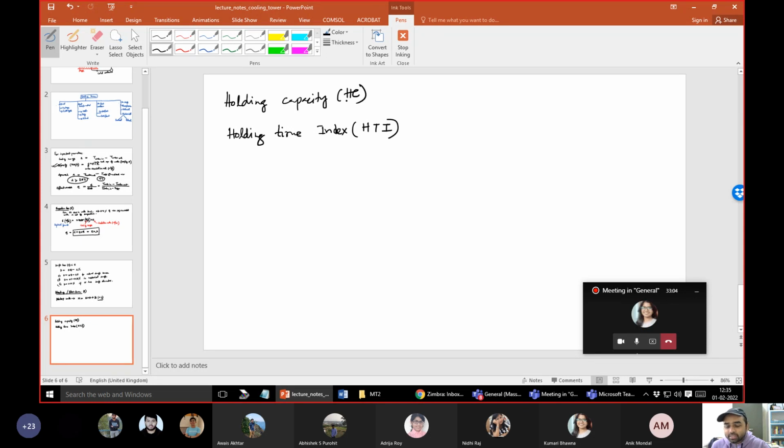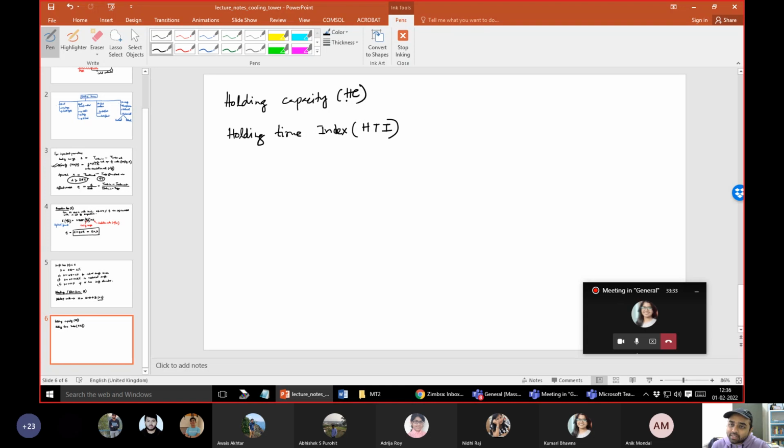It is the time required to reduce the chemical or the makeup water added to the system to 50% of its original concentration. You can think of this as a sort of half-life of the dissolved solids in the system.